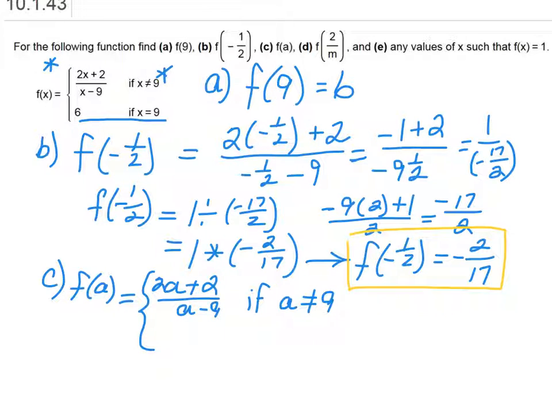And if a is 9, then the value of the function is 6. So here we have the answer to part C.